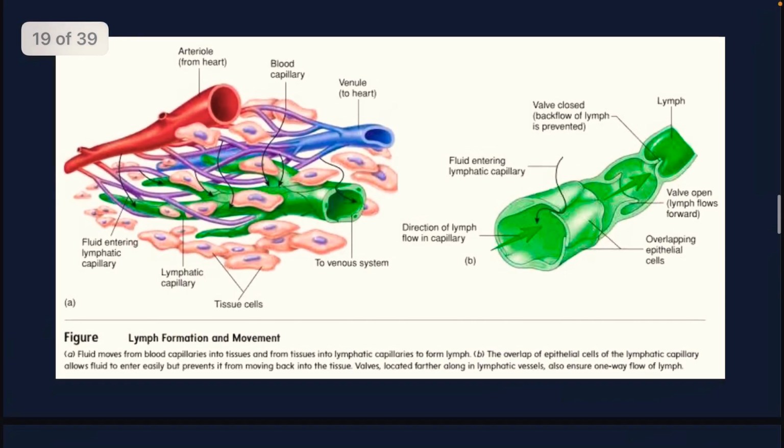This is the illustration of lymphatic capillaries. So fluid moves from the blood capillaries into the tissues, and from the tissues into the lymphatic capillaries to form lymph.